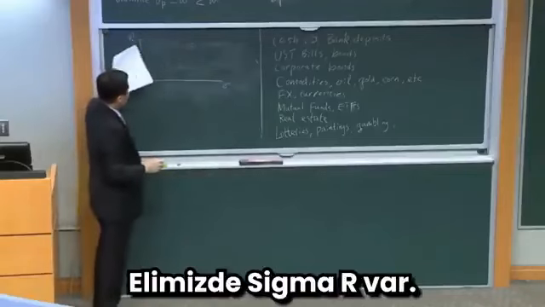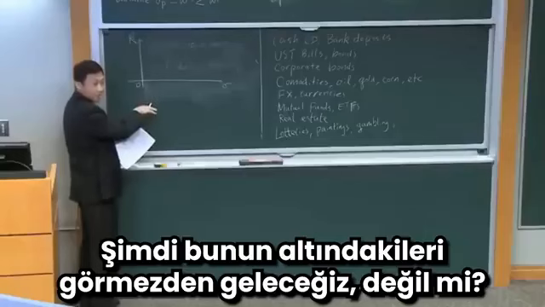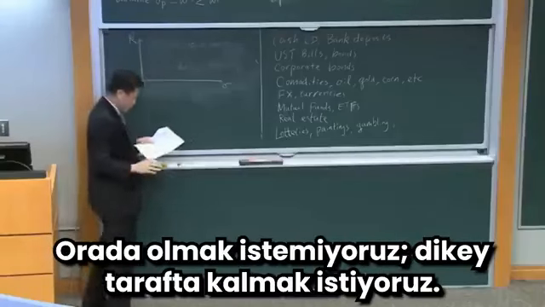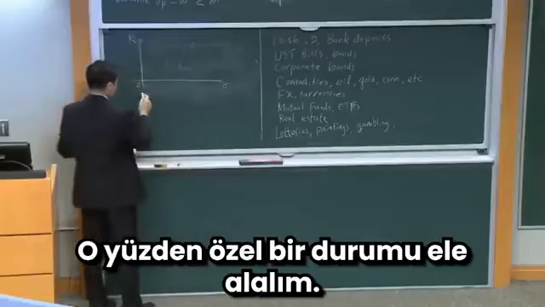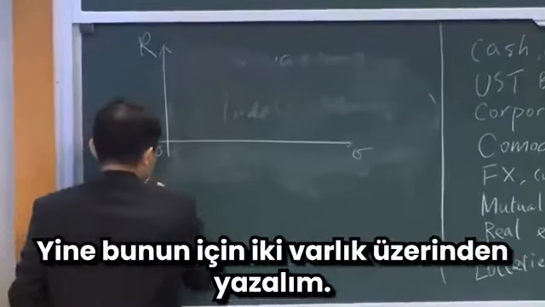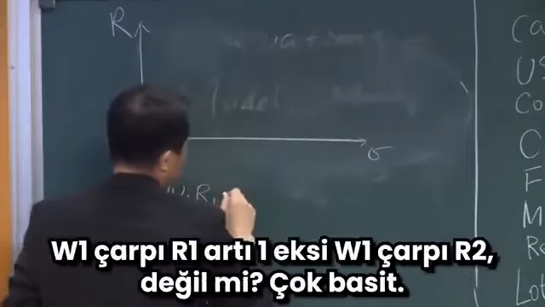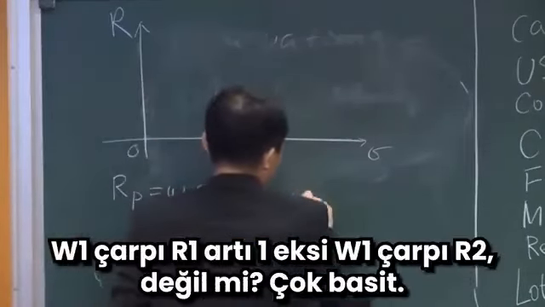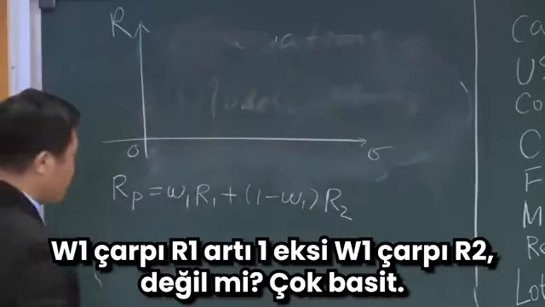So we have sigma, r. We're going to ignore what's below this now, right? We don't want to be there, and we want to stay on the upper right. So let's consider one special case. Again, let's write it out for two assets. So what is R of P? It's W1 R1 plus (1 minus W1) R2, right? Very simple math.